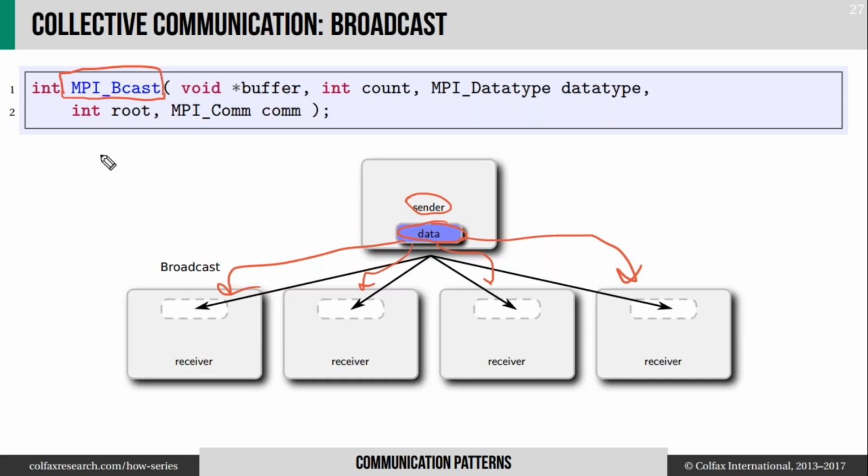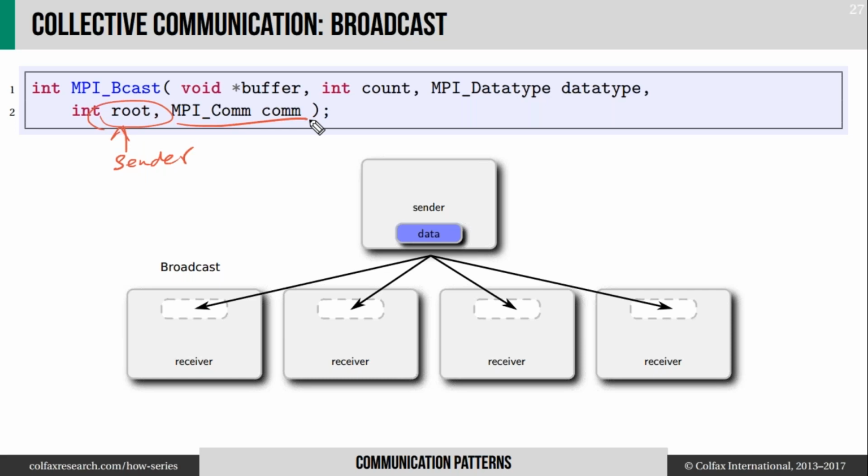You don't need an if statement. No if statement. Unlike with point-to-point communication. MPI broadcast also takes the buffer, the size of the message, data type, root, this is the sender, and the communicator.